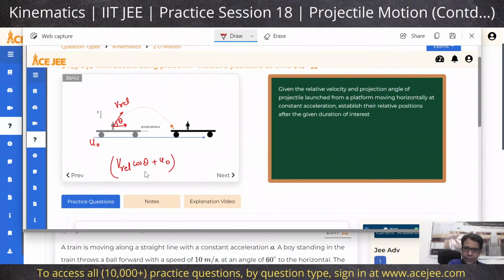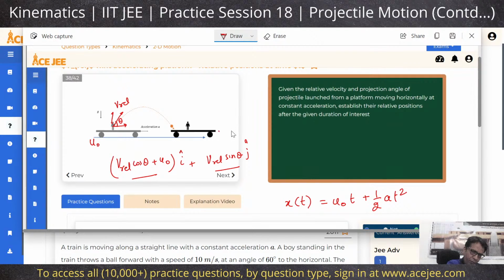The vertical component with respect to the ground remains the same, that is v relative sine theta. Now it's a matter of simply writing down your equations of motion. For the platform, the x distance covered in time t would be u0 t plus half a t square, where a is the acceleration of the platform in this direction.